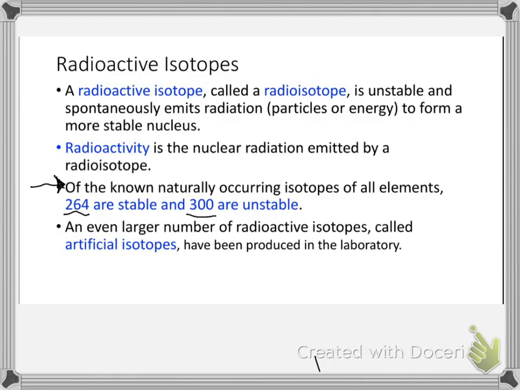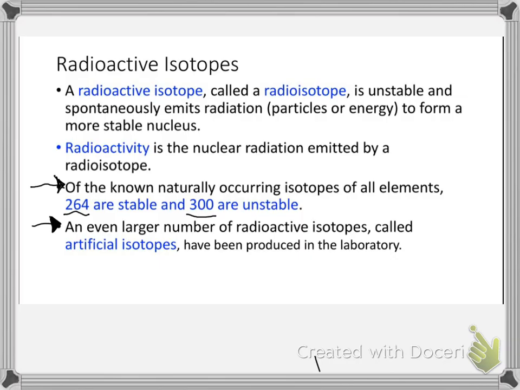So it's not uncommon for an element to have at least one radioactive isotope. And that's only including the naturally known elements. There are also synthetic or man-made radioactive isotopes, often used in medical situations.